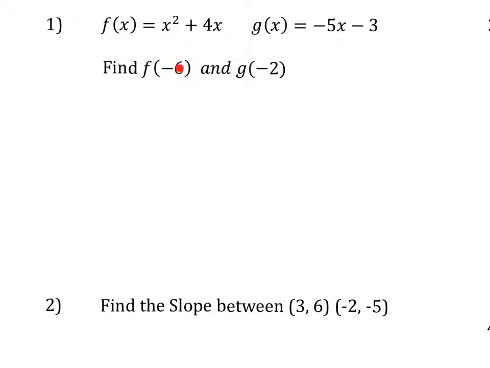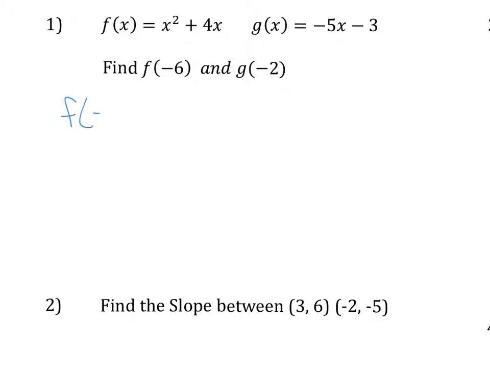And then the negative 6 is what you're going to plug in to the x. Since this is f of negative 6, I will use the f function and plug in negative 6. This is g of negative 2, so I'm going to use the g function and plug in negative 2 in for x. So let's do the first one, f of negative 6.